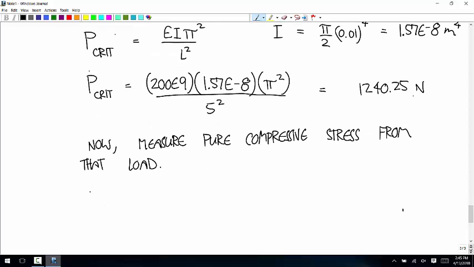The cross-sectional area is pi times 0.01 squared, so 3.14 times 10 to the minus 4.